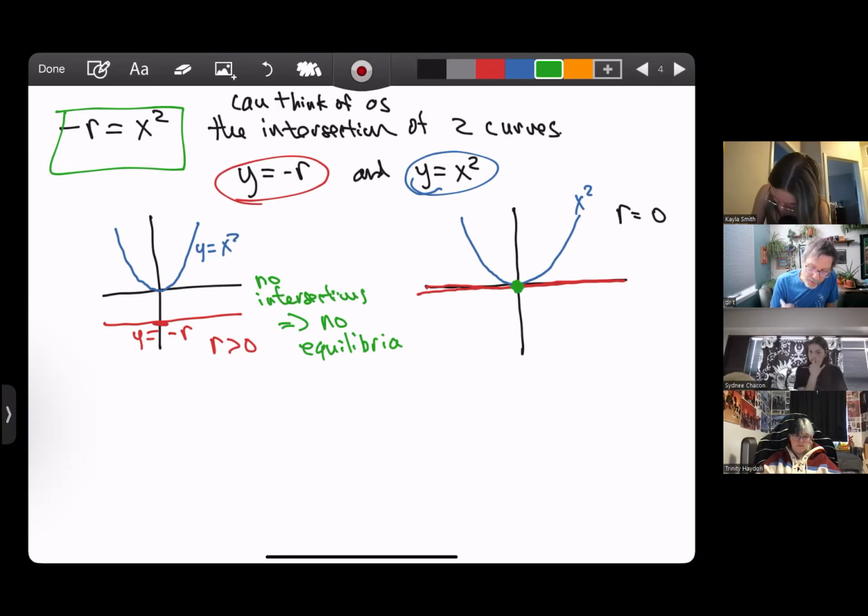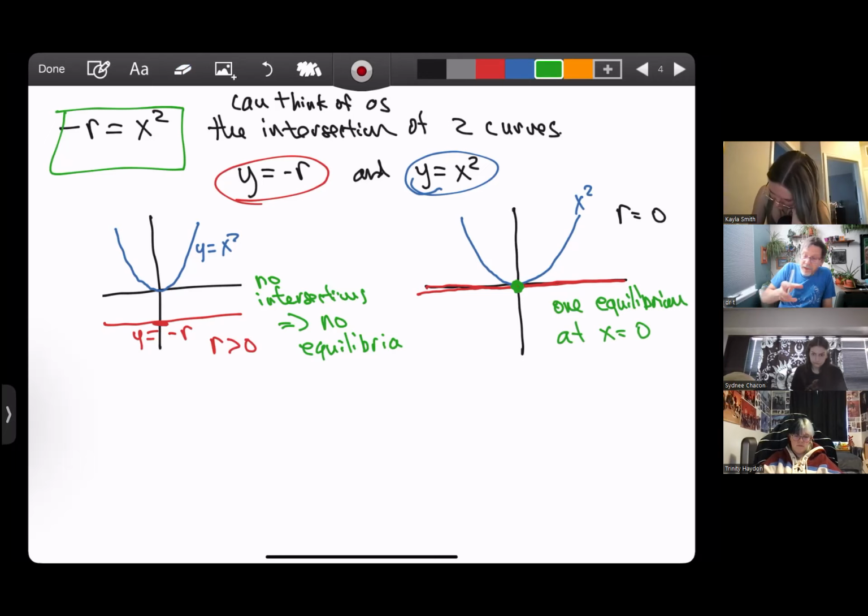As soon as R hits 0, the steady state appears, so we have one equilibrium at x equals 0. Is this making sense?